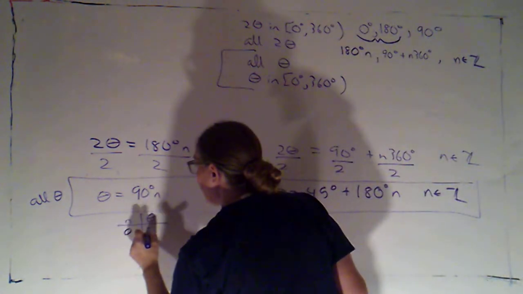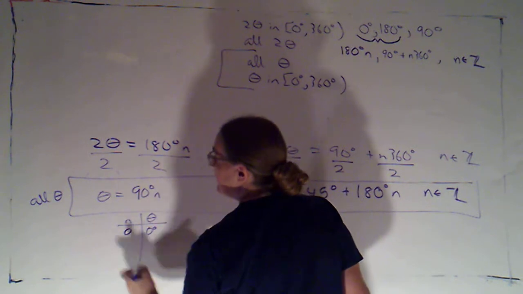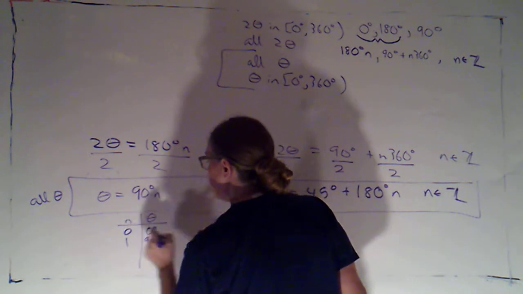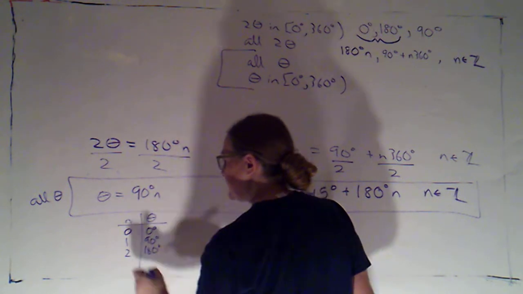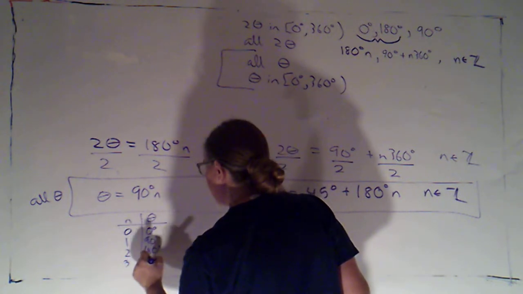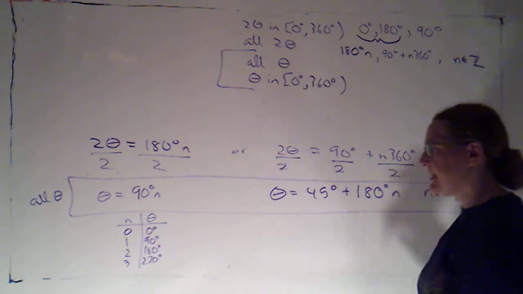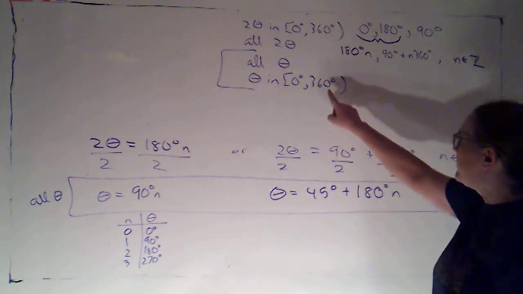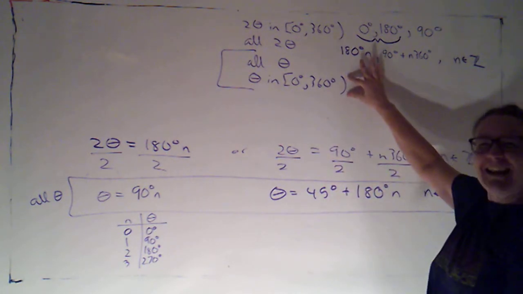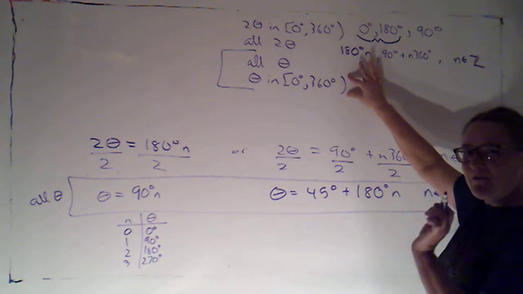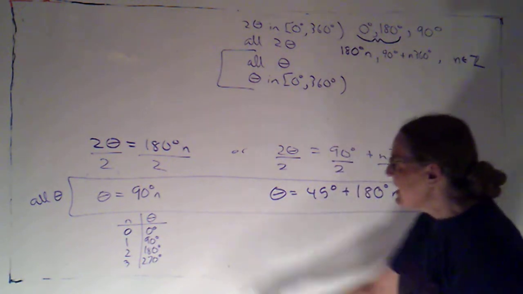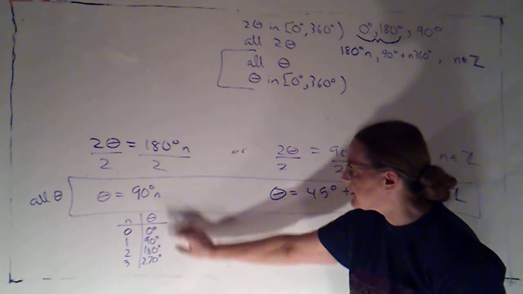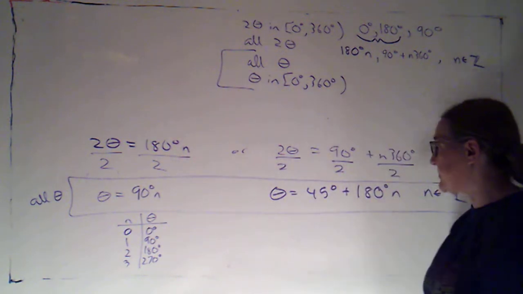So if n is 0, I would get 0 degrees. If n is 1, I would get 90 degrees. If n is 2, I would get 180 degrees. If n is 3, I would get 270 degrees. And if n were 4, I would get 360, but we're not including that. So that would be too big. Just barely, because that's the cutoff, but I get these 4 solutions from that expression.